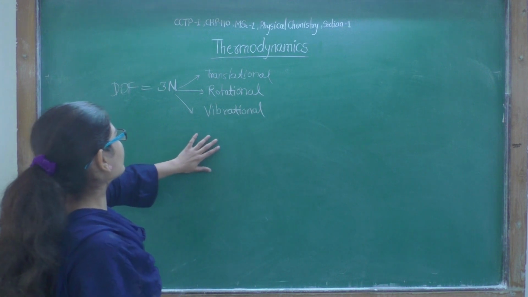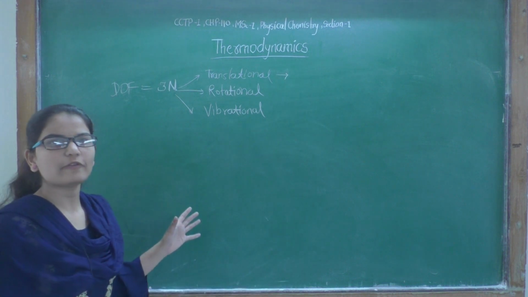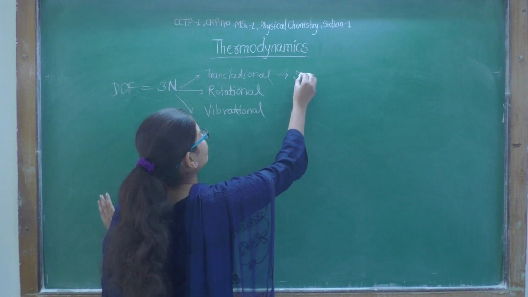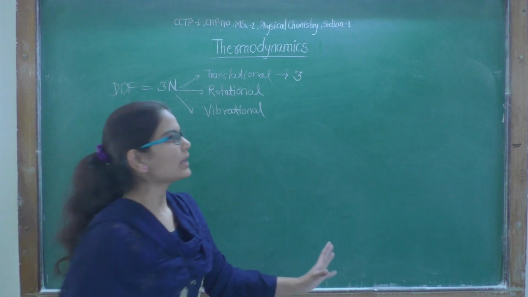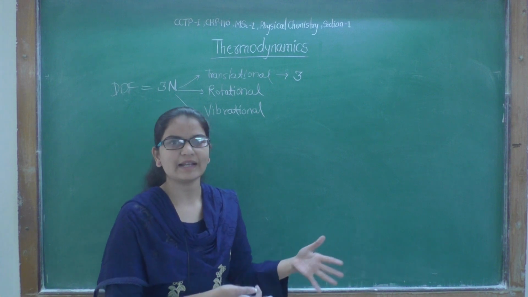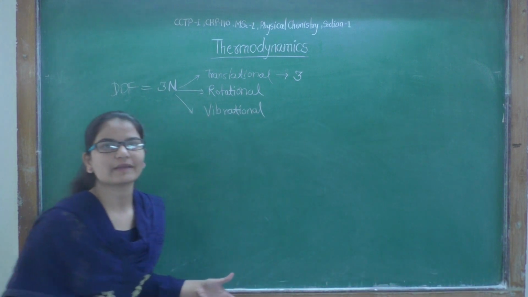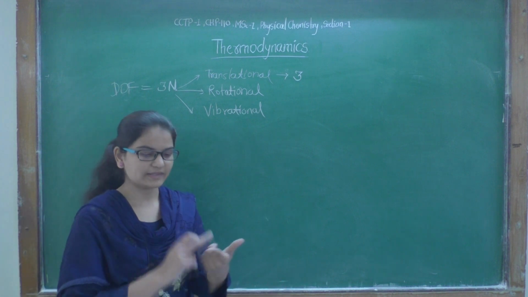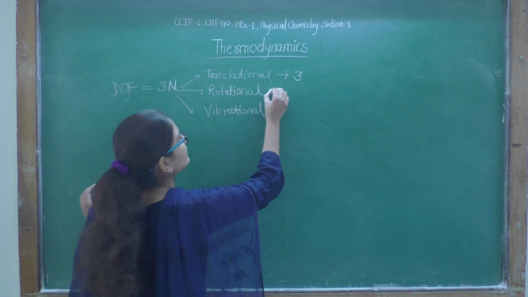Now, how many translational degrees of freedom can one molecule have? A maximum of 3 translational degrees of freedom will be possessed by any molecule, because there are only 3 axes. Translational motion means this type of motion, walking. That type of motion will be performed along either x, y, or z. So there are 3 translational degrees of freedom.